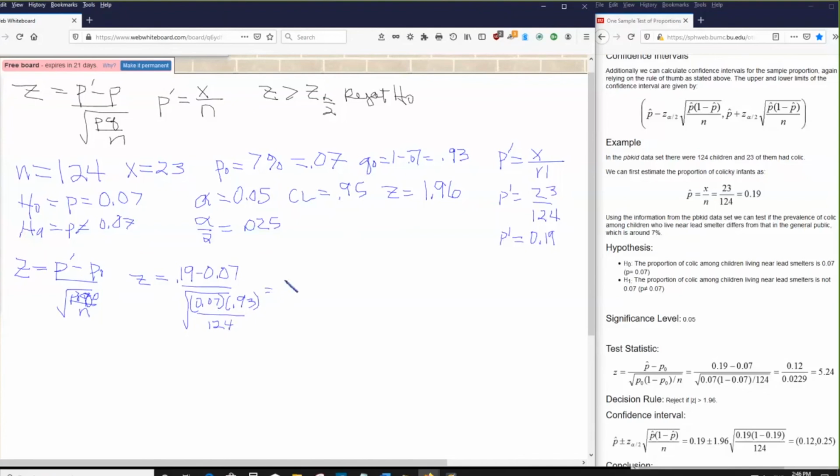And that's going to give me 0.12 divided by 0.0229, which is going to equal 5.24. So then I see if my z is greater than z of alpha over 2, that means I've got 5.24 greater than 1.96. So that would tell me I'm going to reject the null hypothesis.